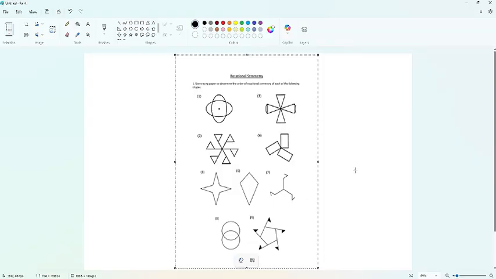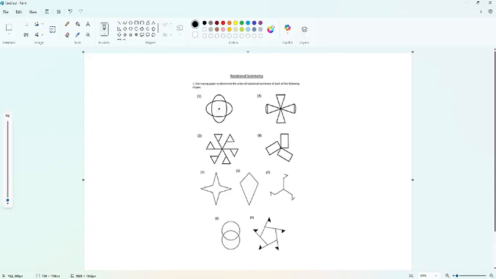Holy crap, students. Not even I can do this. But actually, I can. Don't underestimate me. I'm clip farming. So let's see. This looks like rotational symmetry.